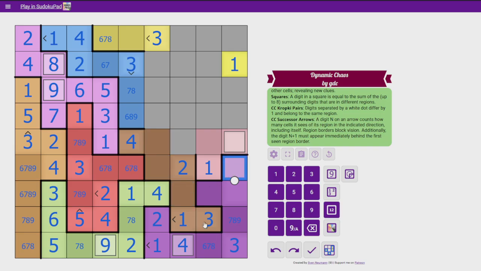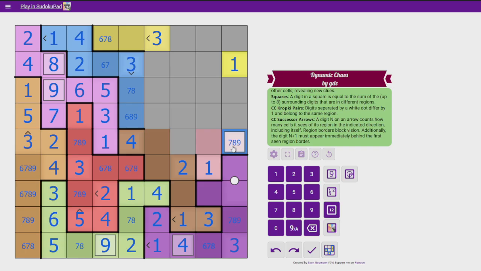5 is definitely there or there in this row. Don't know which. What is this? This is at least a 5. But this is at least a 5. And I'm adding something to it, so this is at least a 6. No, but I'm not adding 1 to it, because all the 1s are taken.